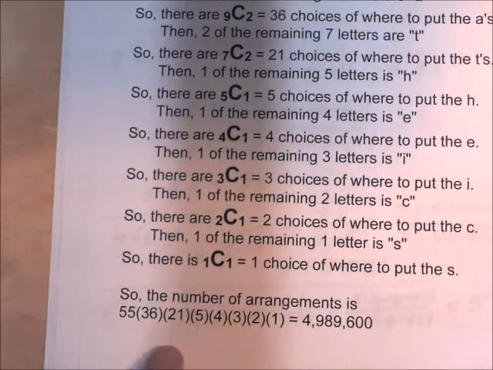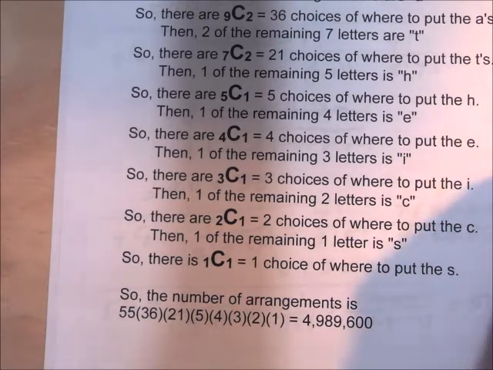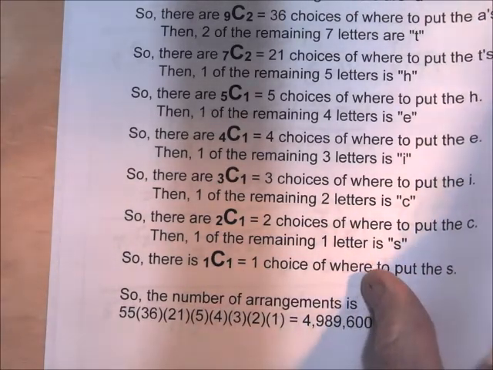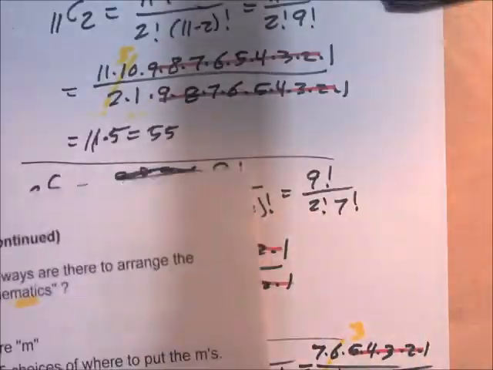Altogether, we multiply these together: 55 times 36 times 21 times 5 times 4 times 3 times 2 times 1. It comes out to be 4,989,600. So that's a lot of different ways of rearranging those letters.